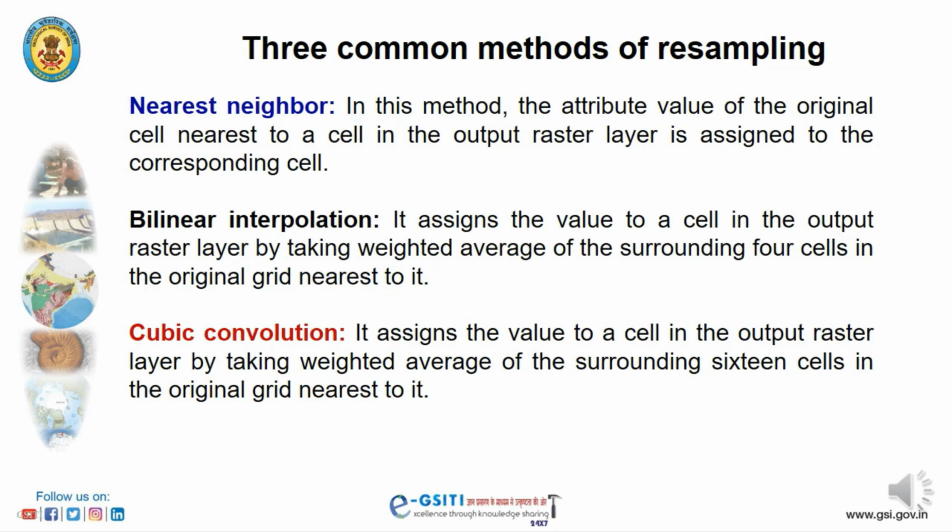Whereas cubic convolution assigns the value to a cell in the output raster layer by taking a weighted average of the surrounding 16 cells in the original grid nearest to it. So operationally, these three methods of resampling are different.